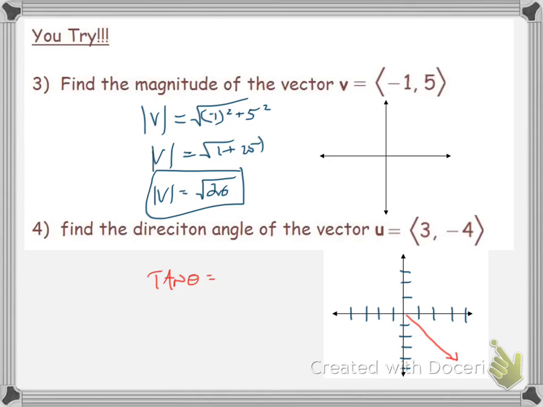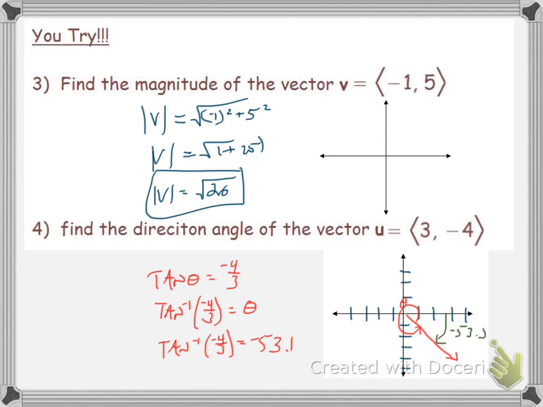Alright, so for question 3, the answer should be the square root of 26. This is the magnitude. Question 4, I've drawn the angle that I'm trying to find, what that theta is. And to do that, tangent of theta is equal to negative 4 over 3. So inverse tangent of negative 4 over 3 is equal to theta, and that comes out to negative 53.1, but what that's giving me is this angle here.